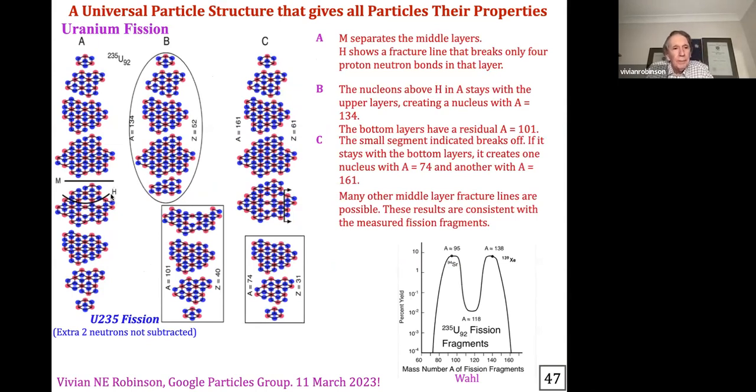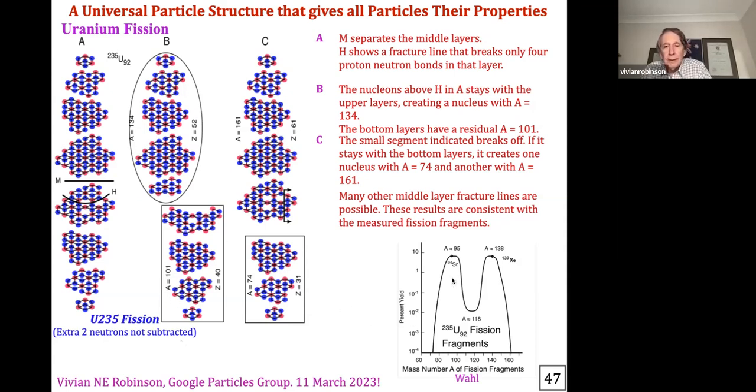So you've got the middle down here. The line H is where a fracture plane only has to break 4 proton-to-neutron bonds in this situation. So if it fissions, if it splits along that line and this layer attaches to the upper layer, it'll give a mass number, I haven't taken off the extra neutrons, of 134, and the bottom one will be left with 101.